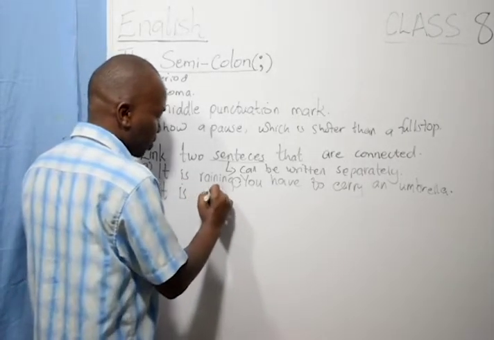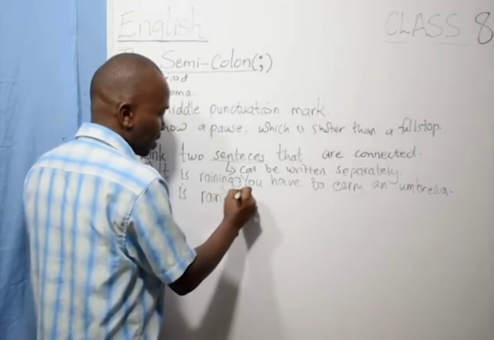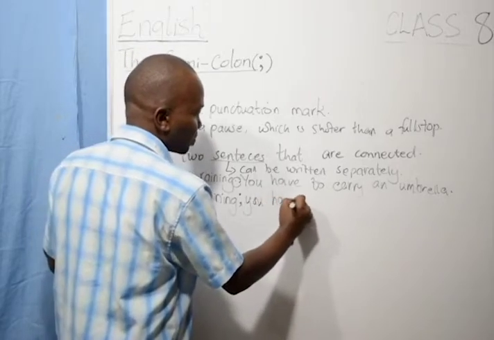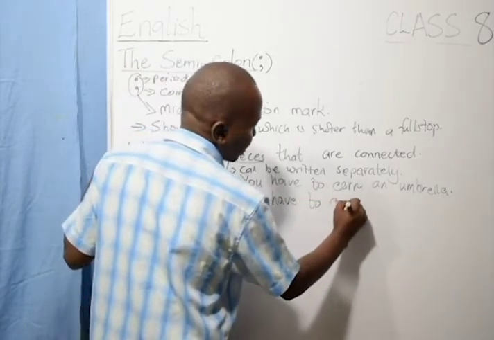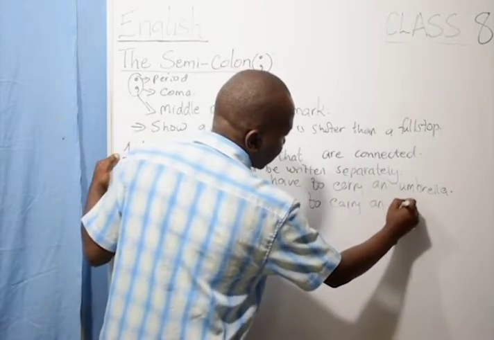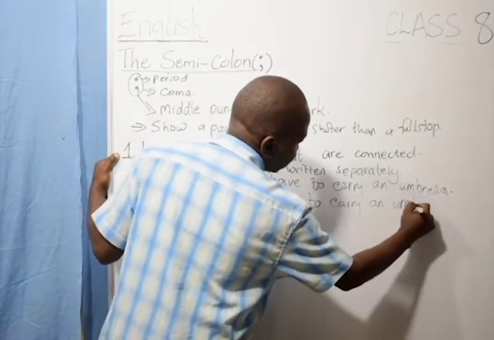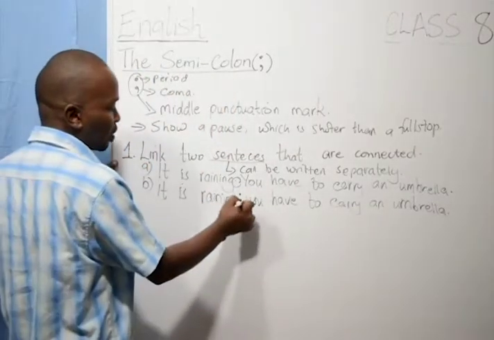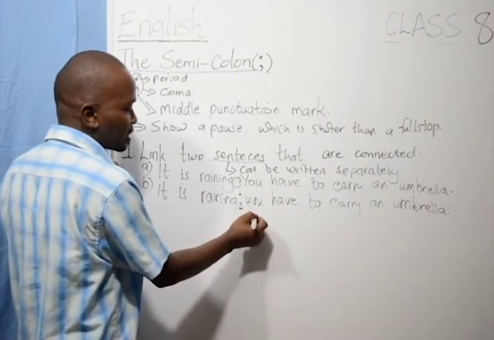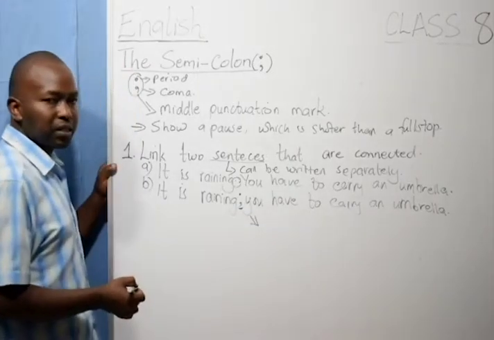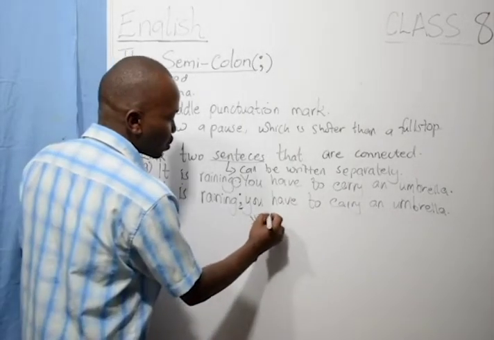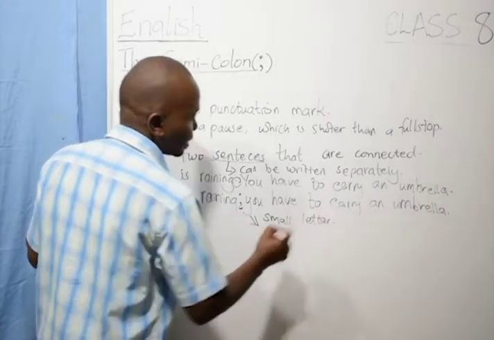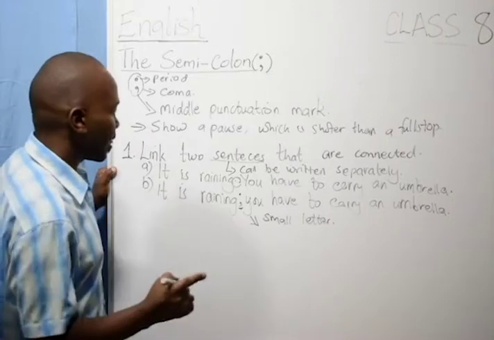It is raining, semicolon, you have to carry an umbrella. Once you use a semicolon, the next word in the other part of the sentence starts with a small letter, or a letter in the lower case. So you have to remember that.